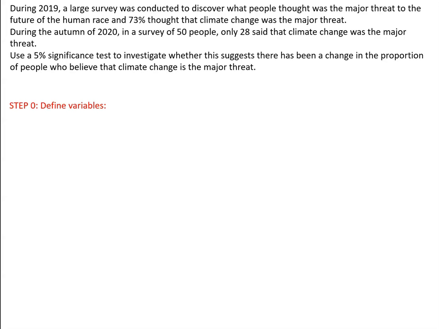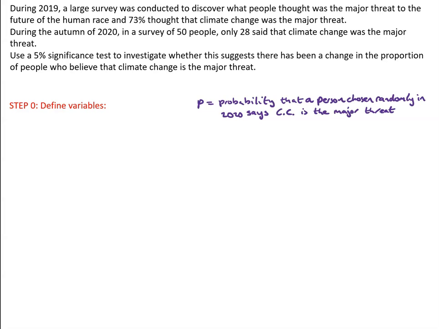So, going through the significance test, again we've got to define our variable. Let p be the probability that a person chosen randomly in 2020 says that climate change is the major threat. Our hypotheses: the null hypothesis is that p is 0.73. The alternative hypothesis is that p is not equal to 0.73.